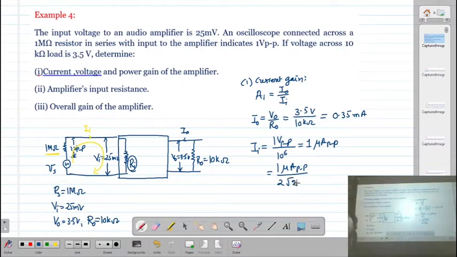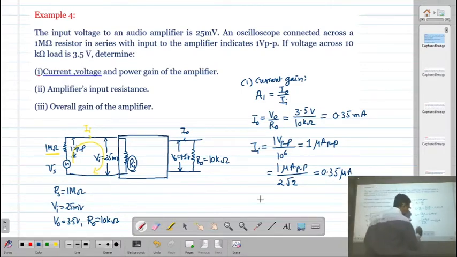Remember that we already discussed in the first lecture that when you divide the peak to peak value by 2, it comes out to be the peak value, and when you divide again by √2, it is the RMS value. So here you calculate, and this will come out to be roughly 0.35 microampere. So we have calculated the output current as well as the input current.